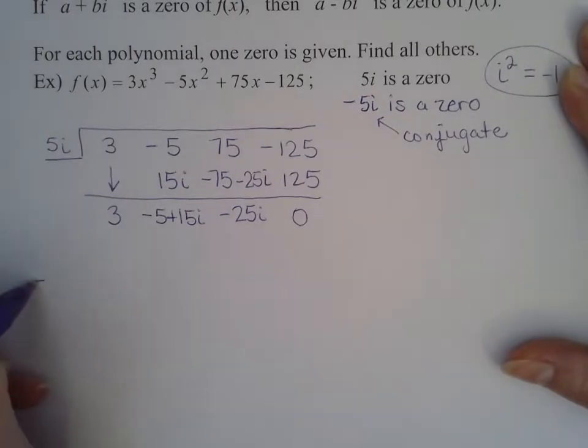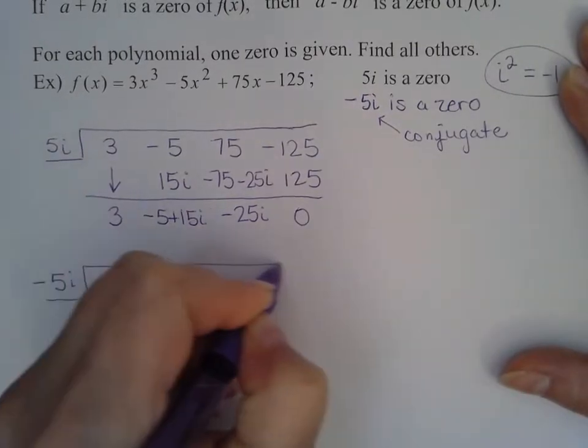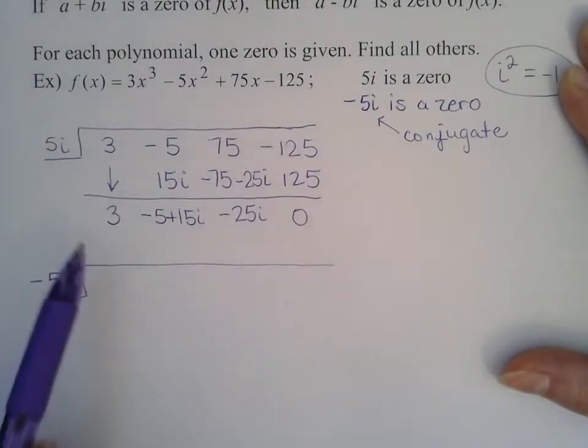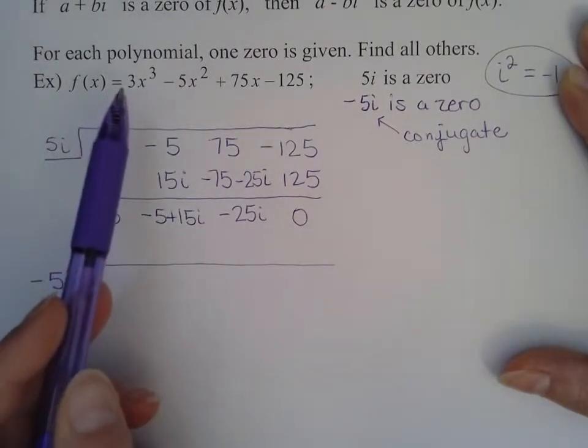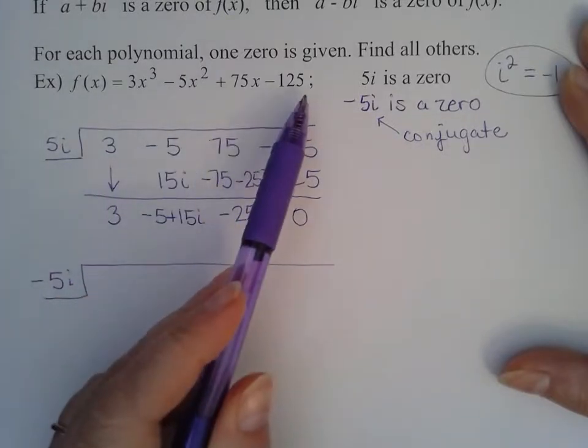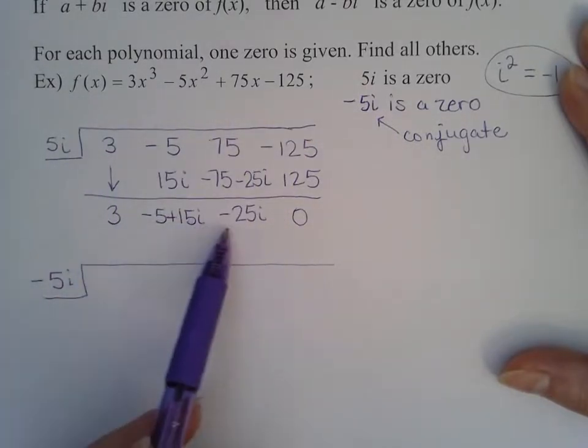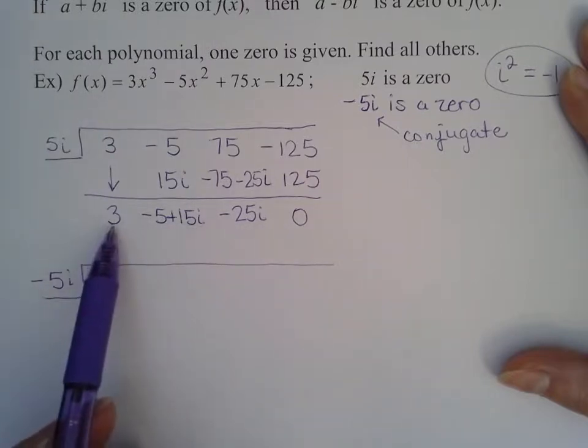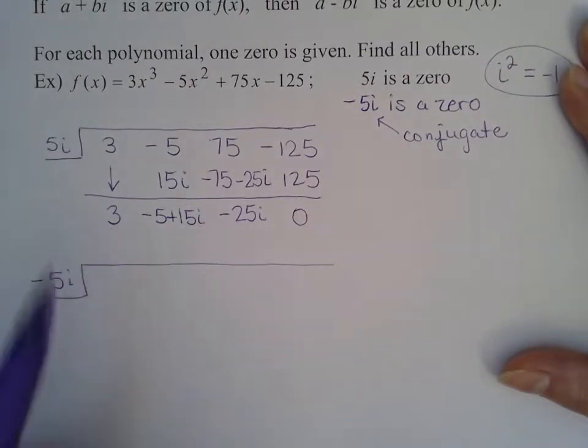So now I can divide further. I've already divided 5i into the polynomial, so I don't want to use the polynomial this time. I would like to use the resulting coefficients I got at the end of this first step.